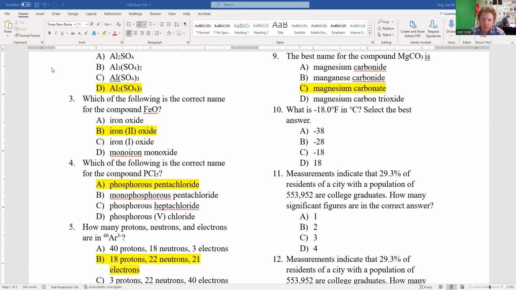For this one, the best thing to do is go ahead and do the annotation. We've got a formula: degrees Celsius is equal to degrees Fahrenheit minus 32 times 5/9. What we're trying to do is solve for degrees Celsius.